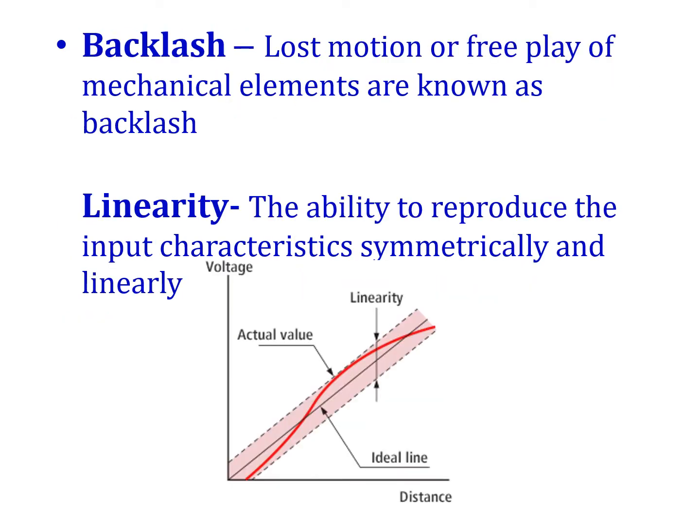Backlash is the lost motion or free play of mechanical elements. If you give some input but there will not be any output, if you move one thread forward but there is no change in the net, that is called backlash.